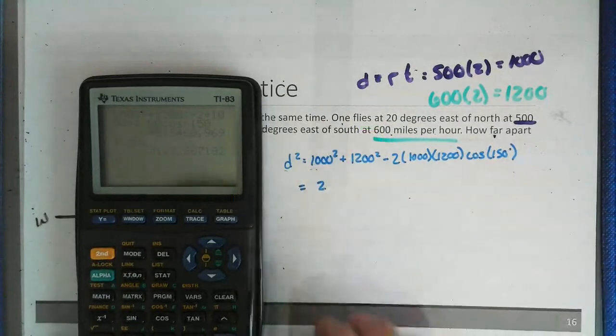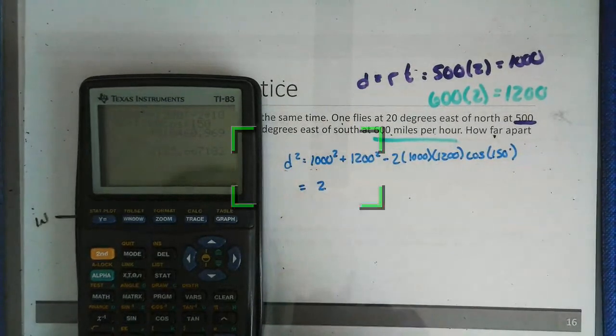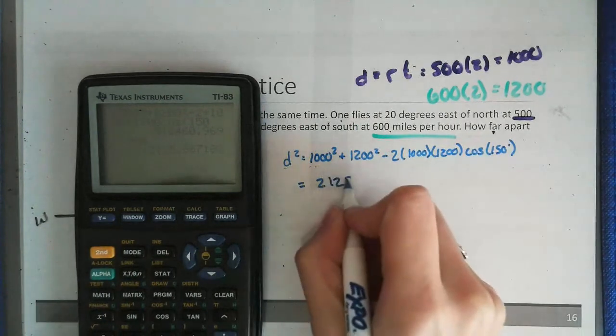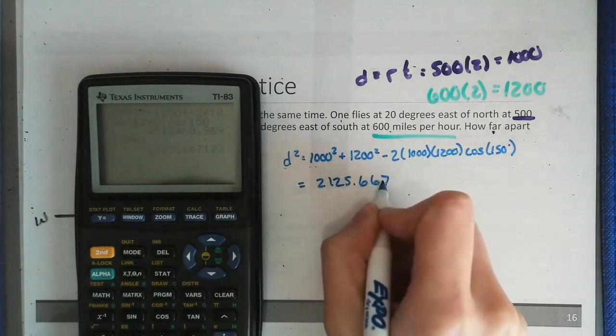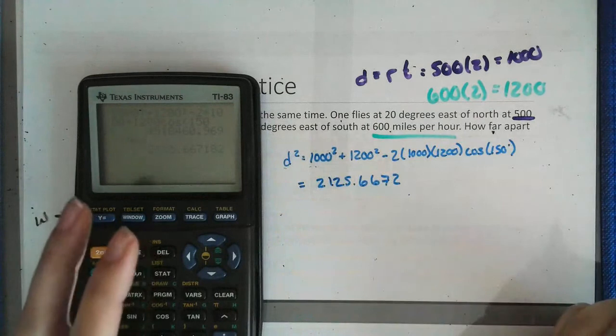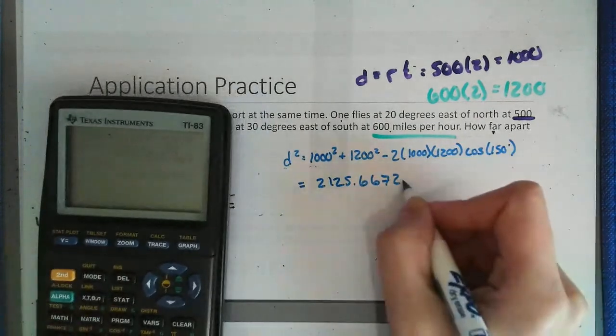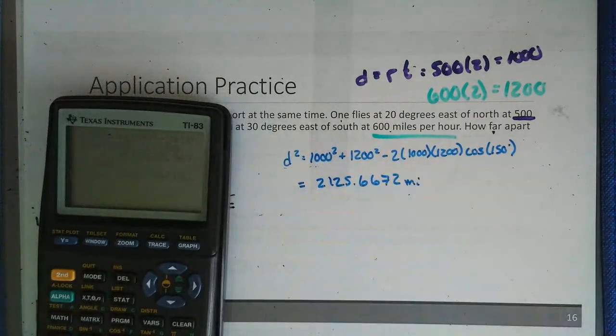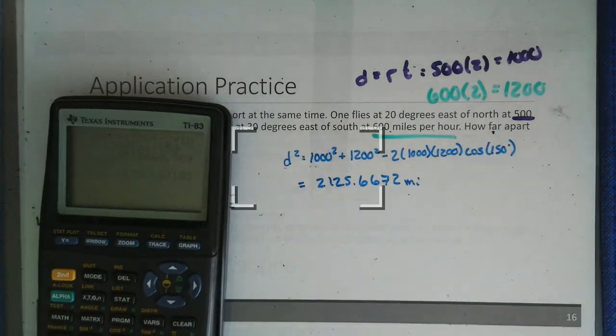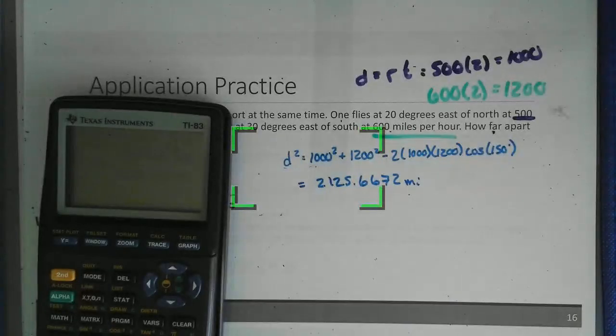Whoops, I typed something wrong. 1,000 squared, 1,200 squared. Maybe not. 2,125.6672 miles apart. I don't trust that answer.